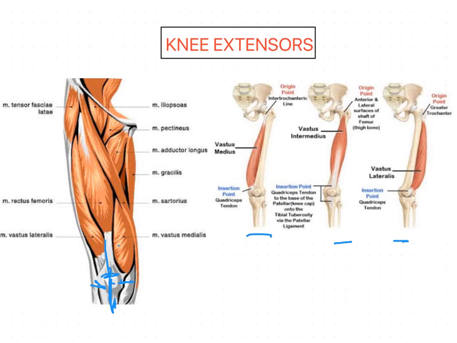Together, the four components of the quadriceps femoris function to extend the knee. Here you can also see the insertion of the vastus medialis on the medial aspect of the patella, whereas the vastus lateralis inserts on the lateral aspect.